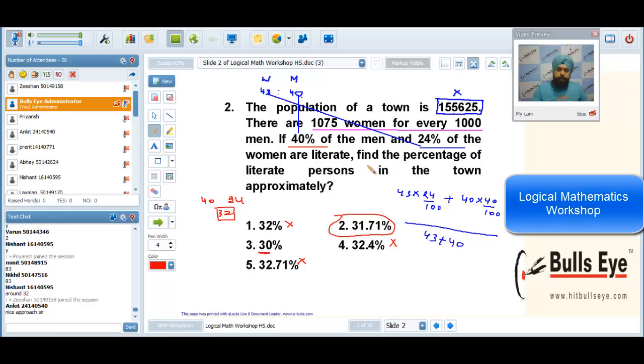Because the women are just a bit more than the number of men, the percentage can never shift 2% towards the women. That could also be a logic to reject 30%. Right guys, so the answer will be 31.71. Should I take it you all have got this?